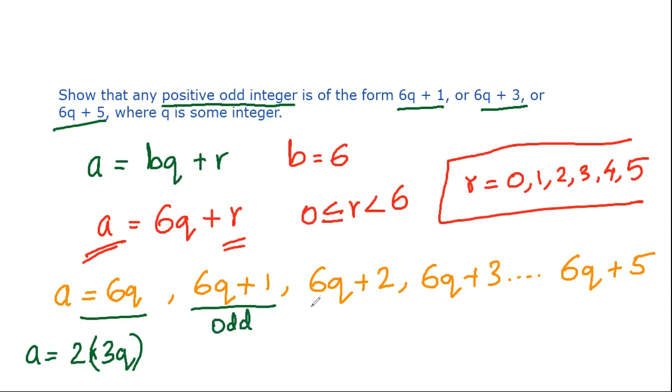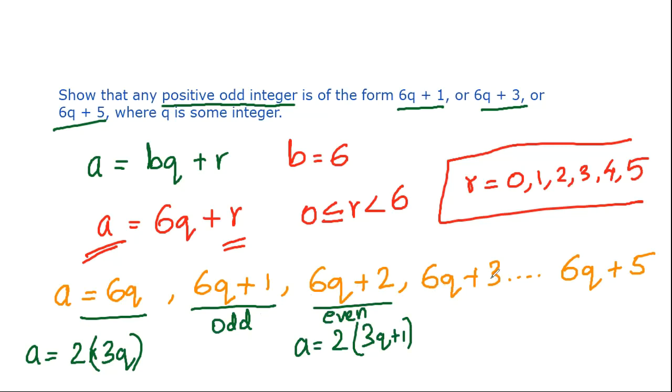And in the third case we can write a is equal to 2 into 3q plus 1. So this is also a form of 2 into some integer, so this is even. Next, the fourth case, 6q plus 3.